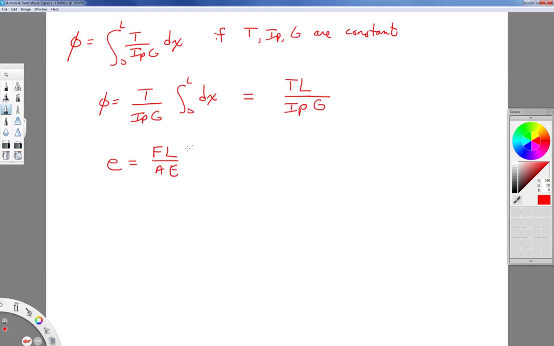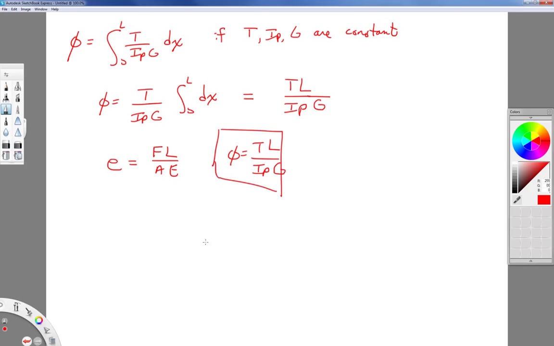We have a load and a length on the top. We have something to do with the cross-section dimensions on the bottom, and we have a material property on the bottom as well. Okay, phi is equal to TL over I sub p G. I will guarantee you will use this equation on your exam number 2.